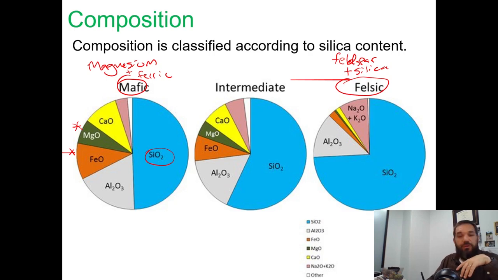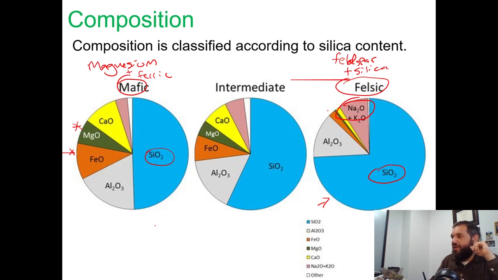When you combine those two words, feldspar and silica, you end up with the word felsic. So that's where that word comes from. And you can see that this one, compared to mafic, is richer in silica. It also has more sodium and potassium than the mafic rock.